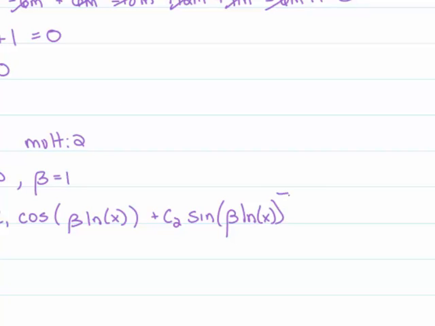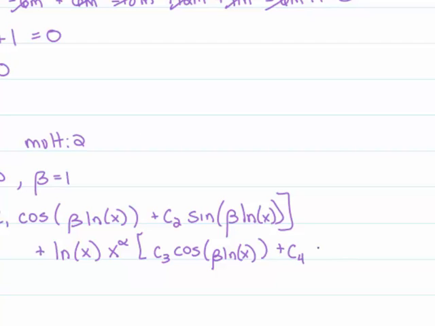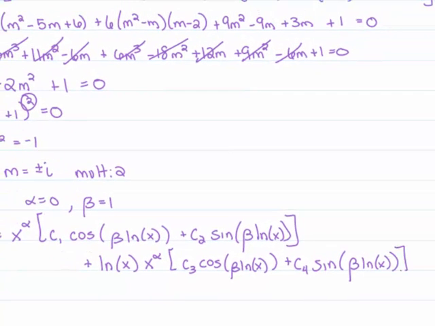That's if there wasn't a repeated root. And that's still okay, actually. But with the repetition of the root, we'll say plus, and we'll multiply that by not x, because we're working with Cauchy-Euler's, we're going to multiply by the natural log of x times x to the alpha times the quantity, and then these are different constants here, c3 cosine of beta natural log of x plus c4 sine of beta natural log of x, and quantities.